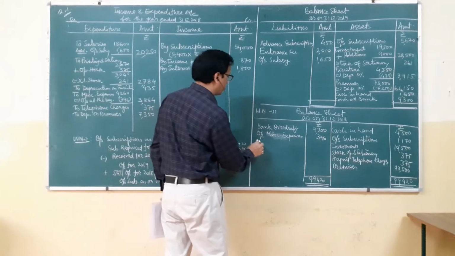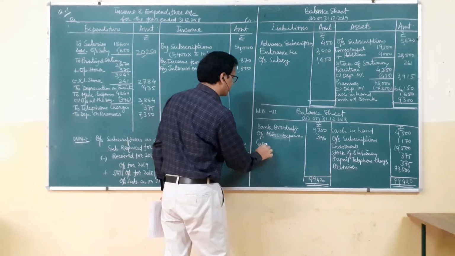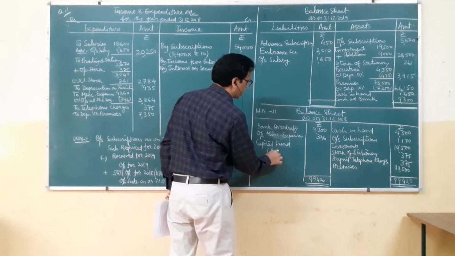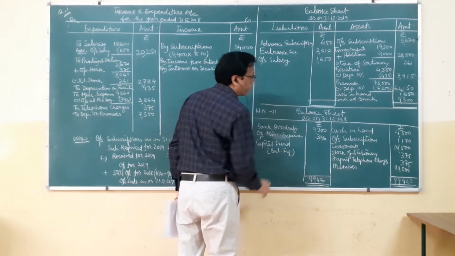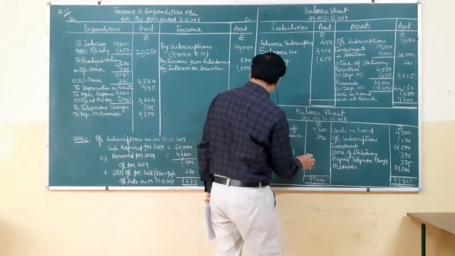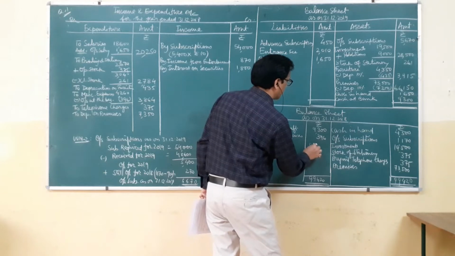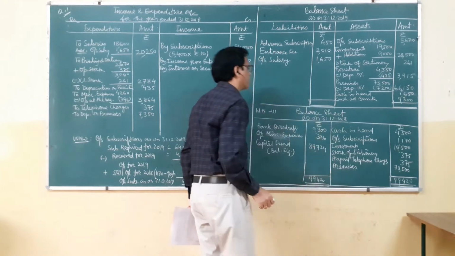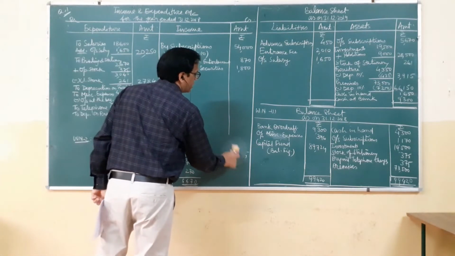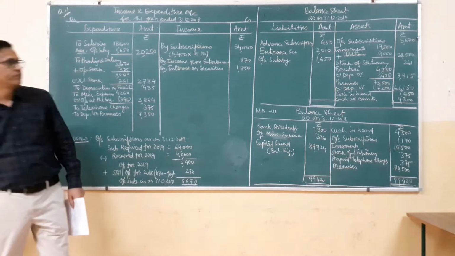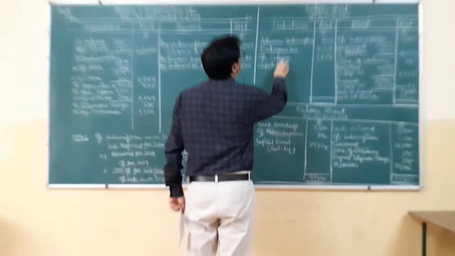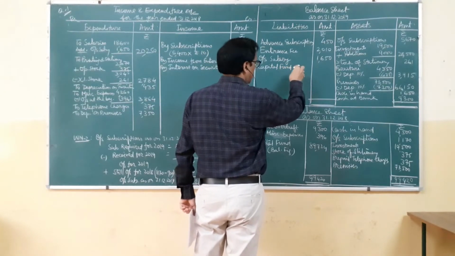So 89,724 capital fund. Here we write capital fund, balancing figure. How to calculate it? We will take the total of the asset side, then the total of the liability side we will subtract from the total of the asset side. The difference will be our opening capital fund. This opening capital fund we will then take to the closing balance sheet. And here we write capital fund 89,724.